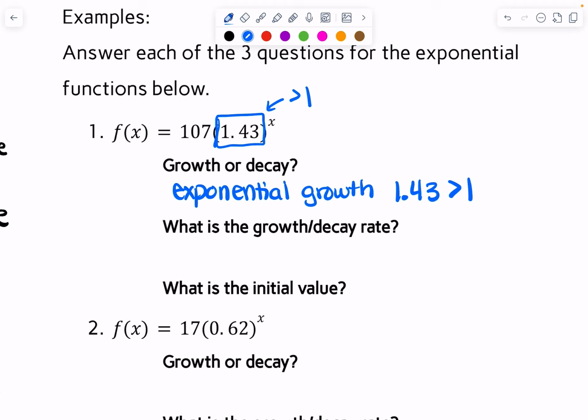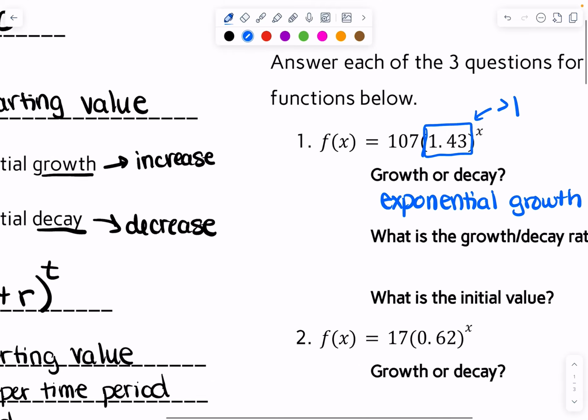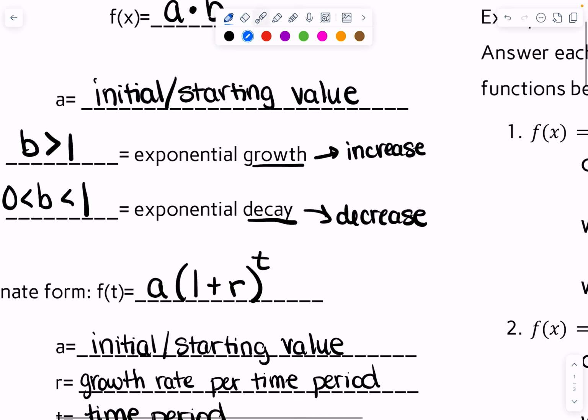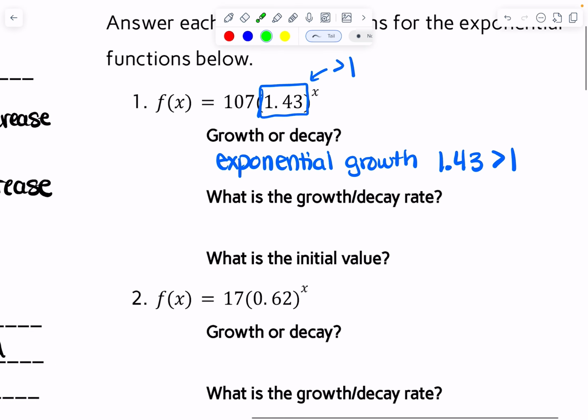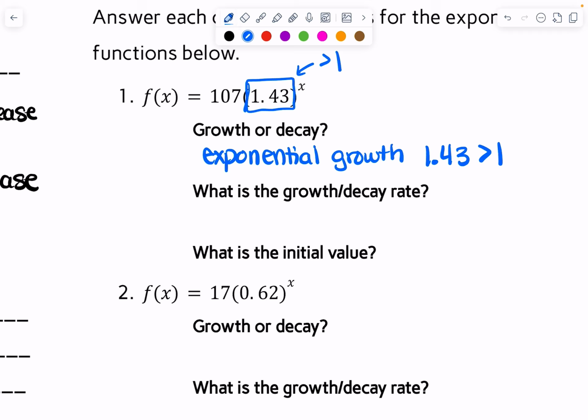Now, the second question is asking, what is the growth or decay rate? I'm going to use this 1 plus r to figure out that growth rate. We can set up a quick equation. r is the growth rate, and I know that 1 plus r in this case equals 1.43.